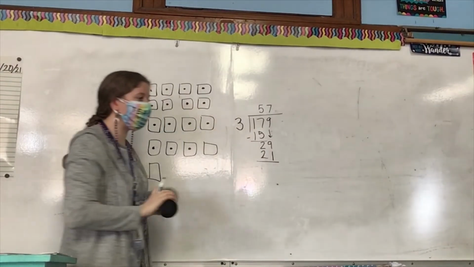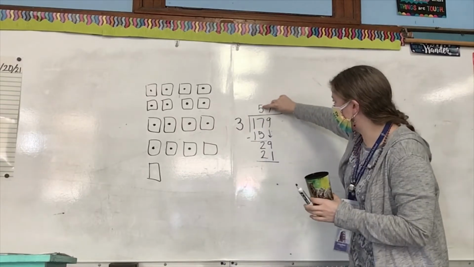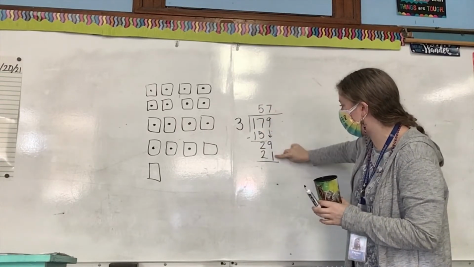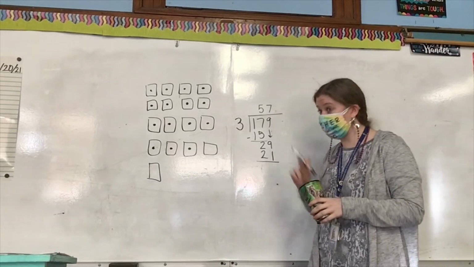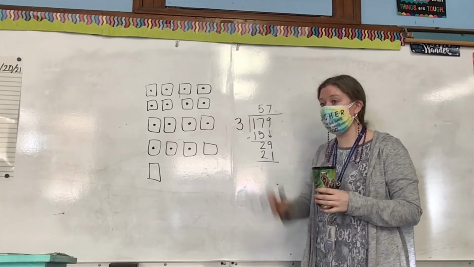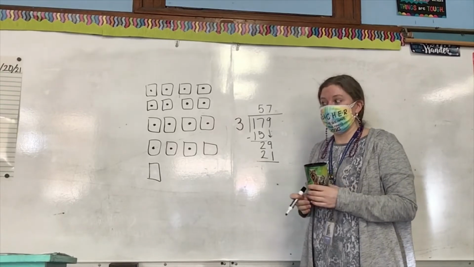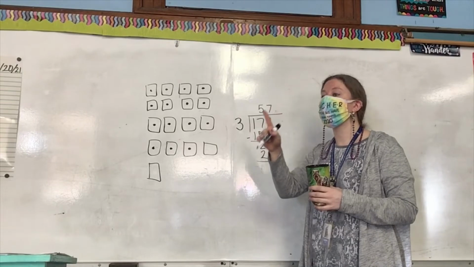What do I do next, Kingston? I divided, multiplied, subtracted, brought down, divided, multiplied, now I subtract. What am I subtracting? Tell me in words. It is the multiplication problem from the new dividend.